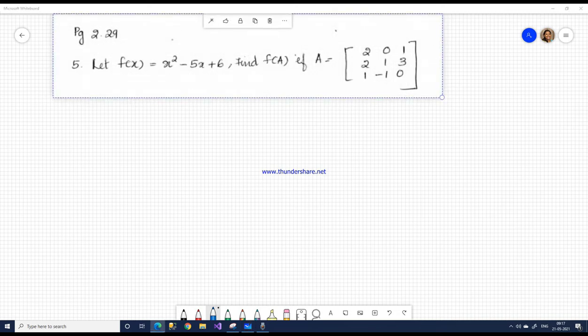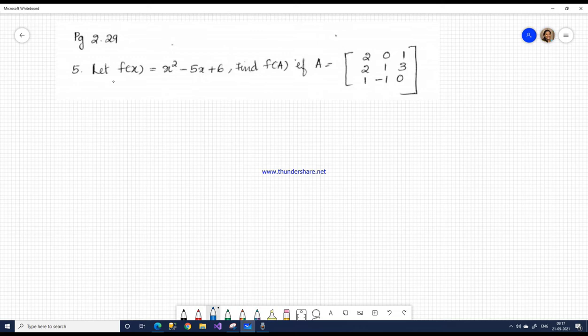Suppose this is your question. The question asks you to find, let f of x be x square minus 5x plus 6. Find f of A if A is a matrix of 3 by 3.